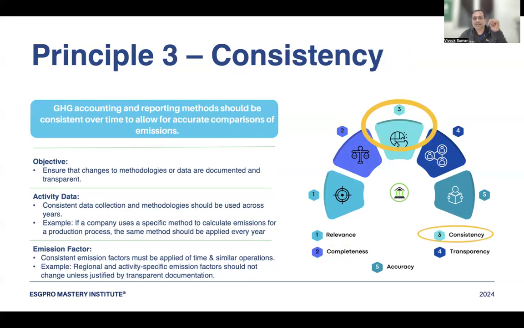Third is consistency. So whatever data you have produced, you make sure and ensure that changes of methodology of data collection should be reported. For example, last year I manually collected the data, right? So I was able to collect data with a frequency of 3 months because I cannot do it every day. This year I deployed IoT and I'm collecting every hour, right?